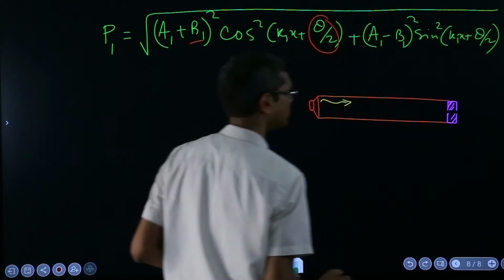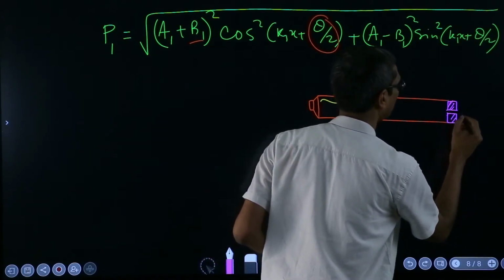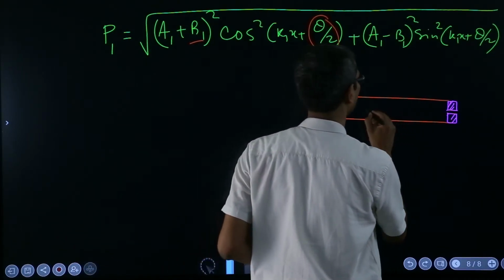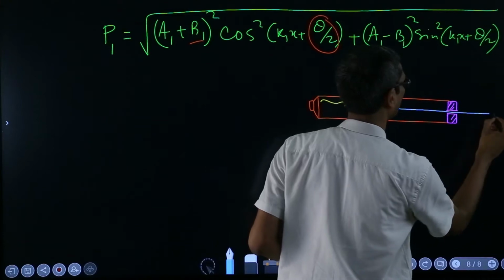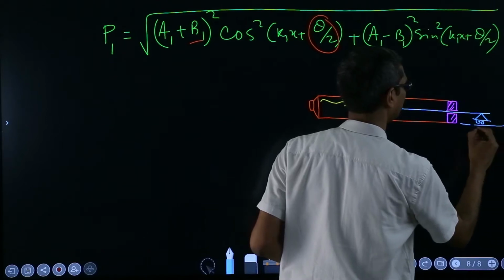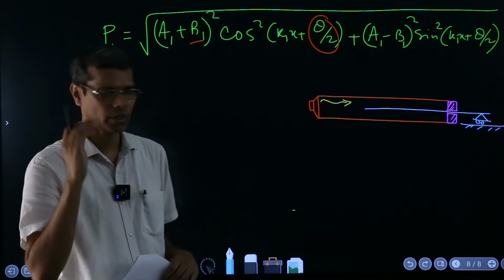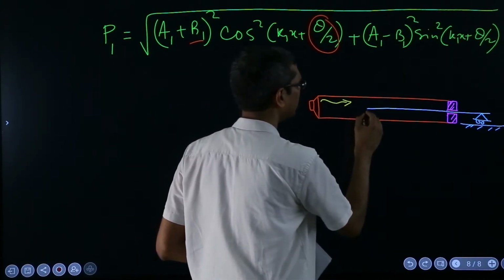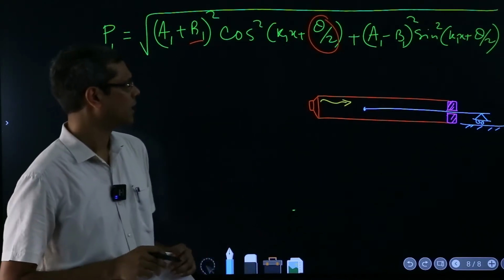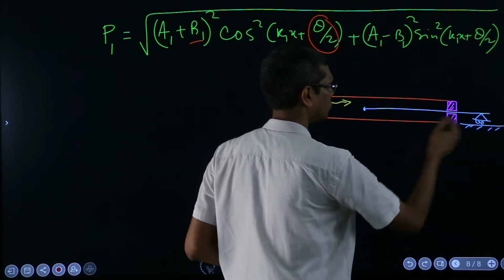A small hole is made on that, and then through that a microphone is sent horizontally. At the end of this there is a small microphone, and then you traverse it throughout the length.